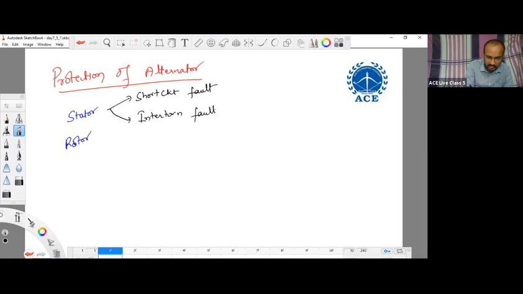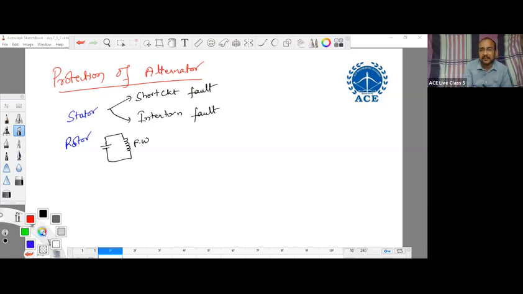And we should also protect the rotor winding, which is excited with a separate DC source. As you know, in alternators, the field winding is excited with a separate DC source. So we need to discuss stator winding protection and rotor winding protection.